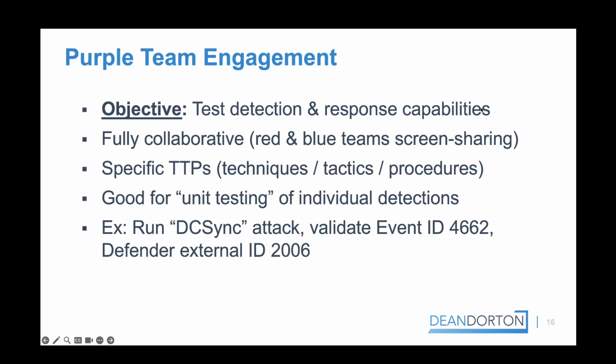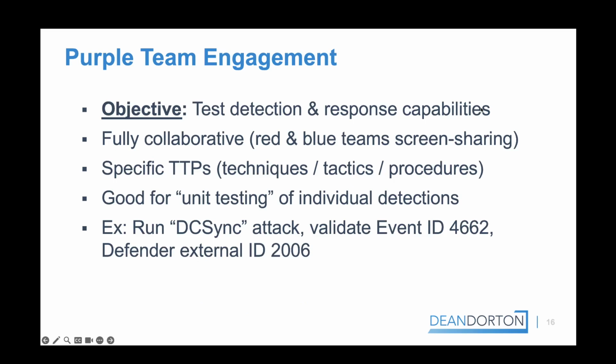So rather than going through the full chain, we want to say, oh, well, can we detect this DC sync attack? So we're going to sit down, we're going to line out, here's the specific tools we're using, the commands we're running, then we run it. The blue team sees that and they go and check in the logs, the telemetry to see if the telemetry exists. Did we see event ID 4662? If not, maybe we need to turn on something in our domain controller.